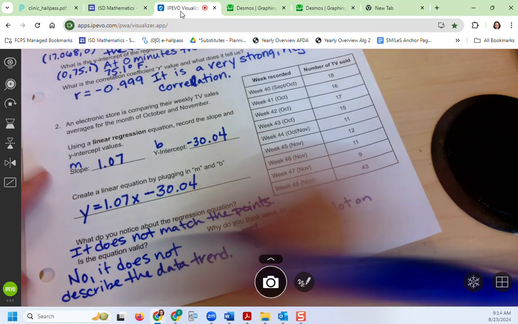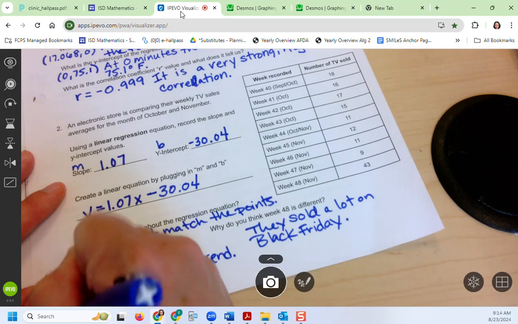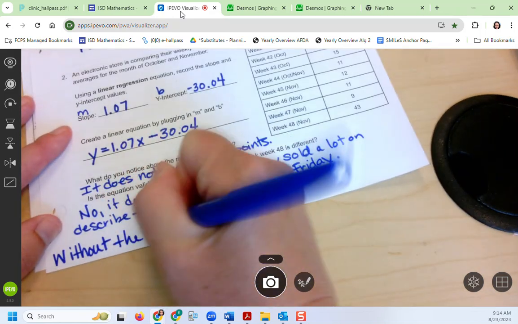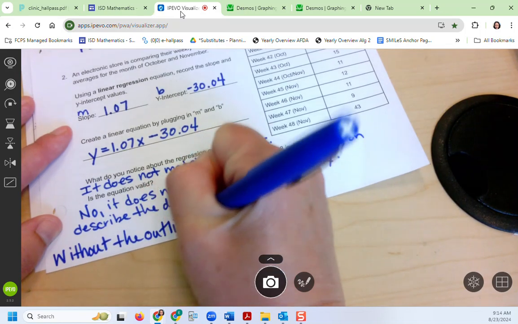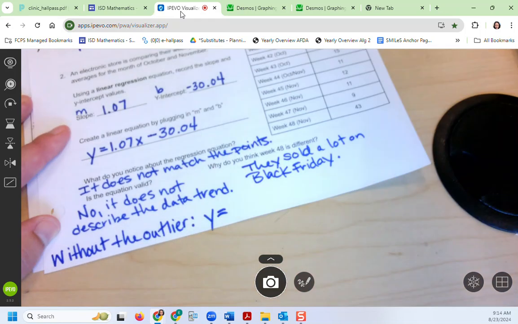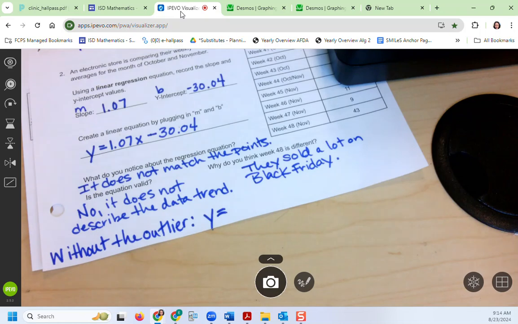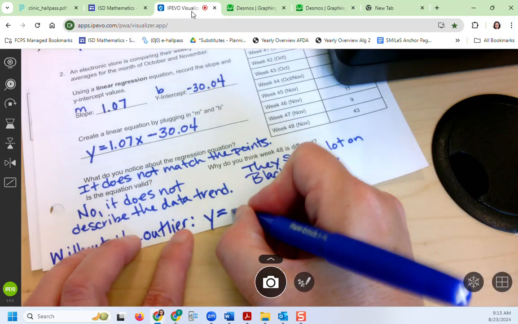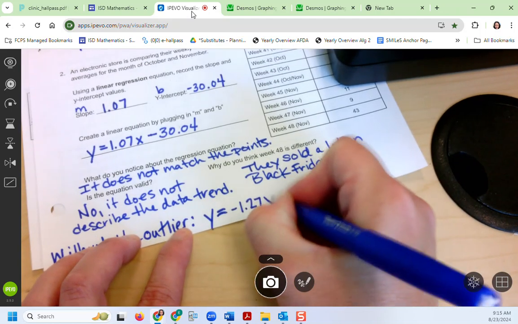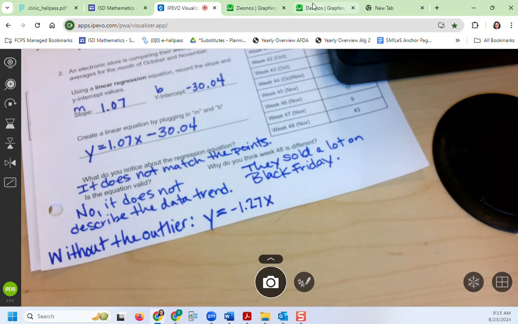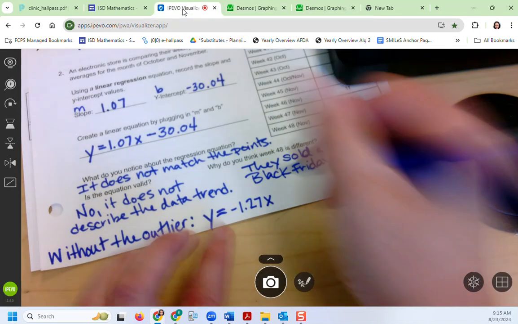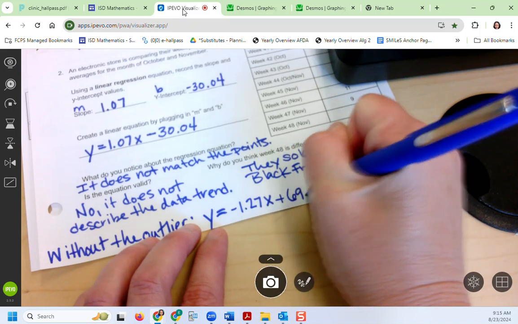Okay, without the outlier. y equals, let's go back and see, negative 1.27x plus 69.0. There you go.